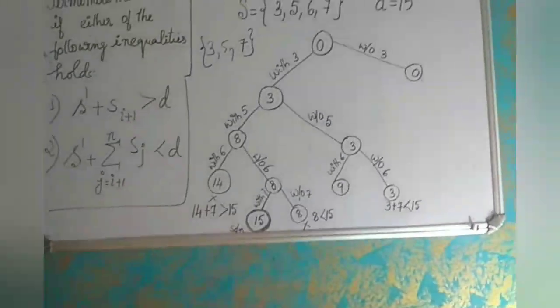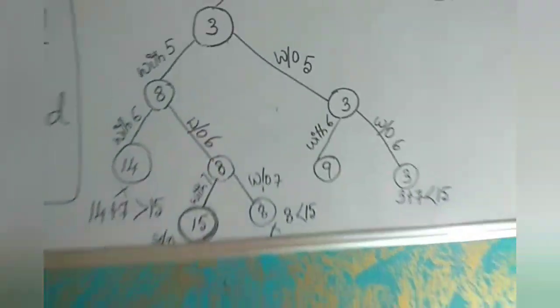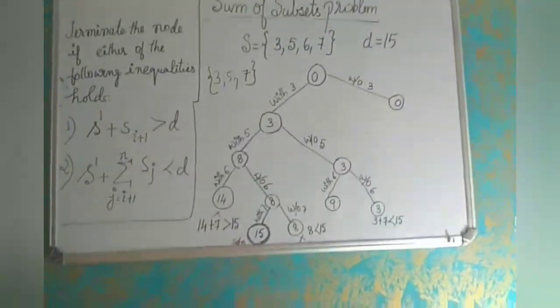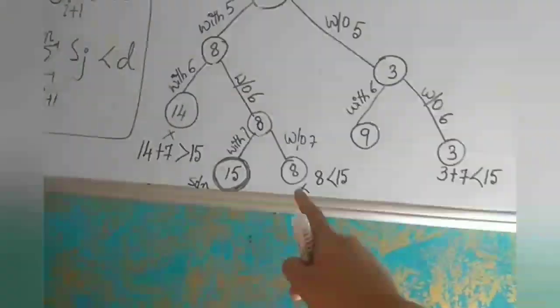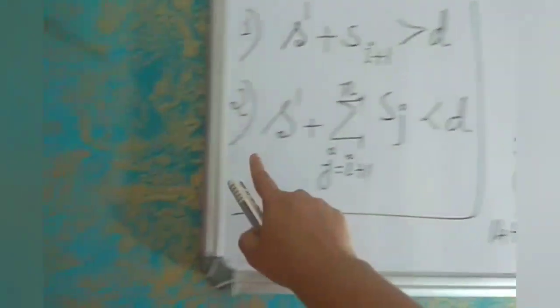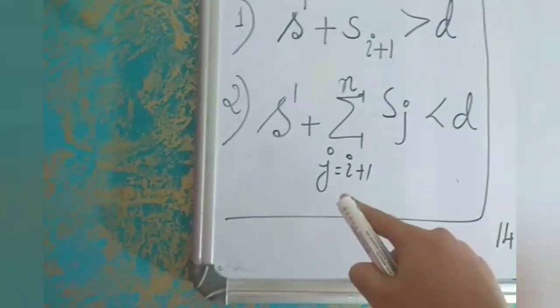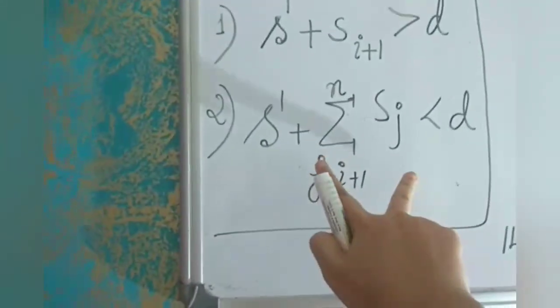Now, see, we have finished scanning all the elements, right? We have considered 3, 5, 6, 7, all the elements are over. We don't have any more elements to add. But you see the sum in this position. The sum is what? 8. See, this is the next condition: when you add all the elements from i plus 1 to n to the previous sum, and this sum is less than d.